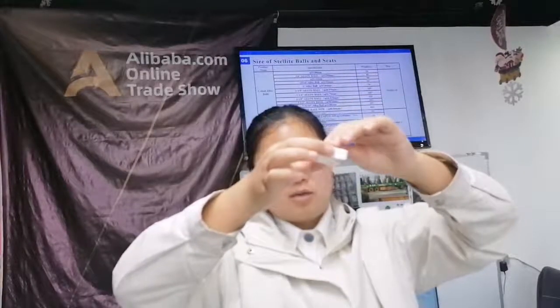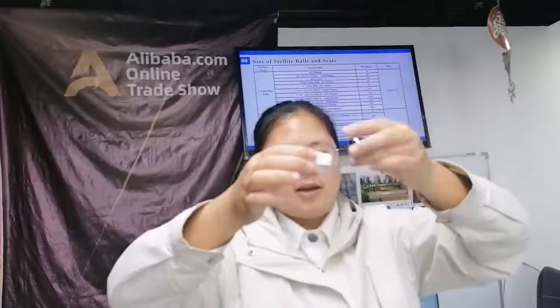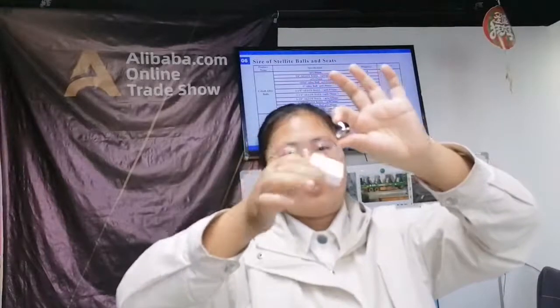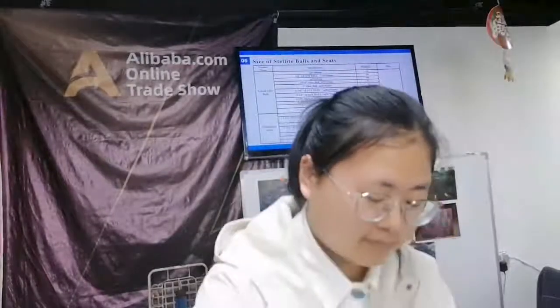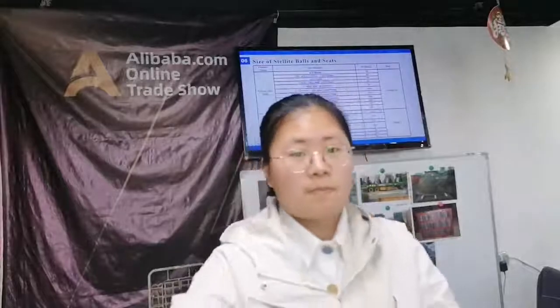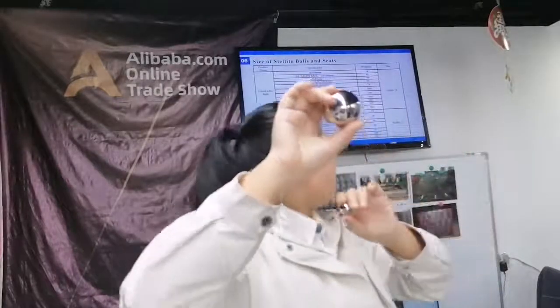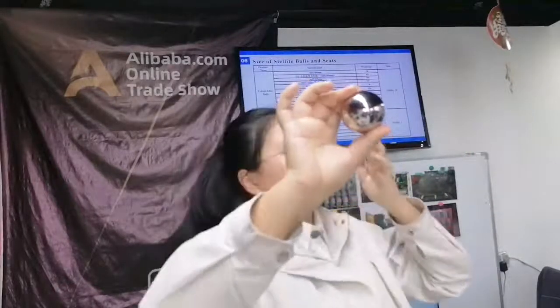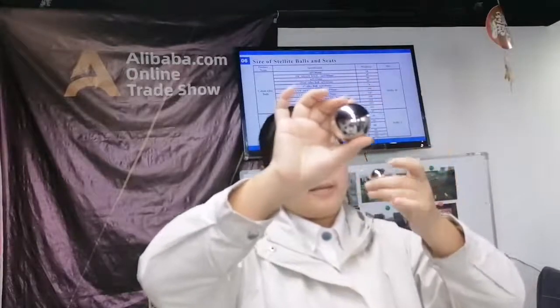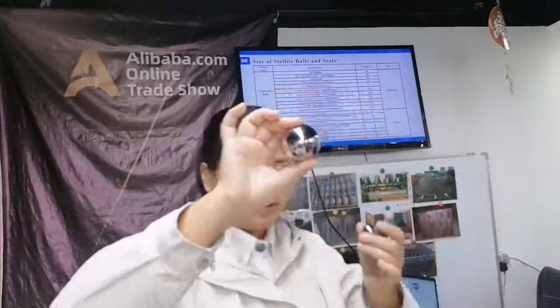This one is a small ball. You can see the diameter is 15.88 millimeter. The material is C920. The surface is G100.